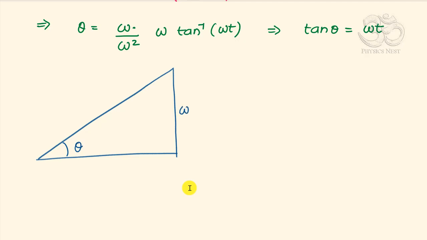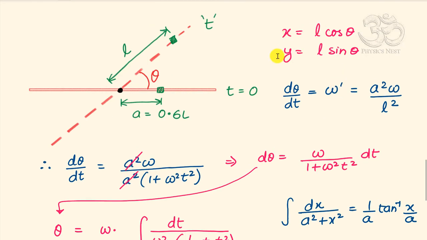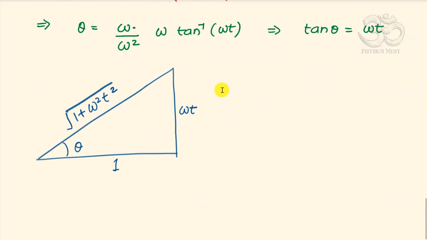Tan theta is omega t, so opposite is omega t, the base is 1. The hypotenuse will be root of 1 plus omega square t square. And from here I can figure out the value of sine theta and cos theta at any instant of time, and I can insert it in this equation to find out the x and y coordinates at any point of time. So what will be the x coordinate?